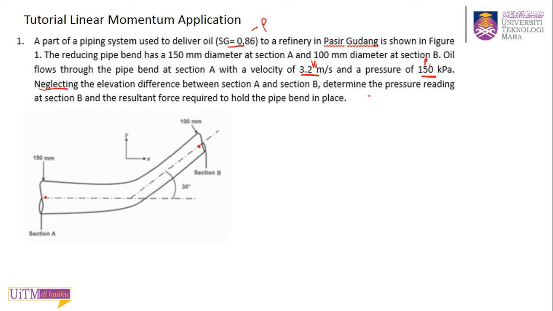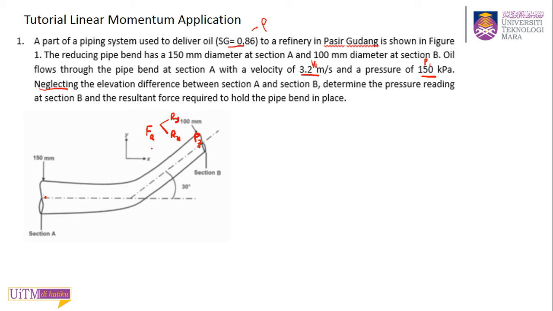Determine the pressure reading at section B, so they ask you to find P2, and the resultant force required to hold the pipe bend in place. So you need to find Rx and Ry, and you can find your resultant force.